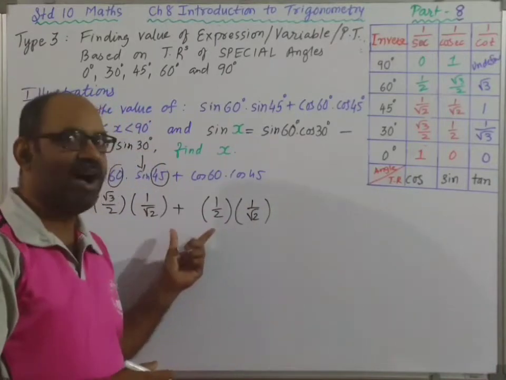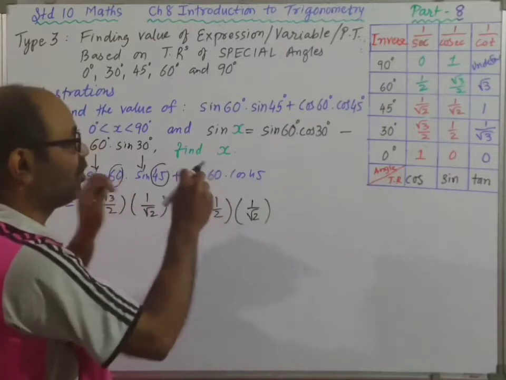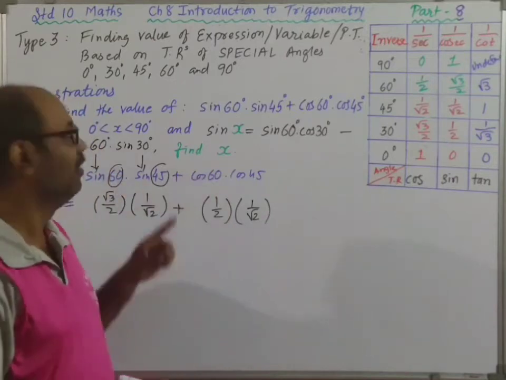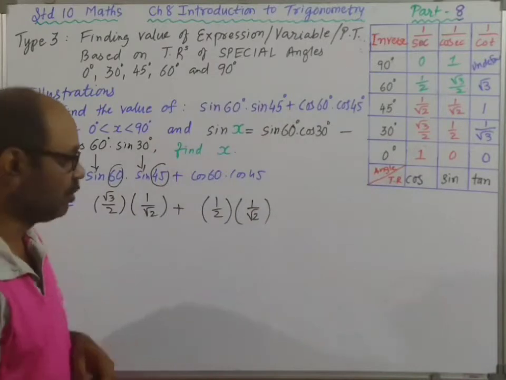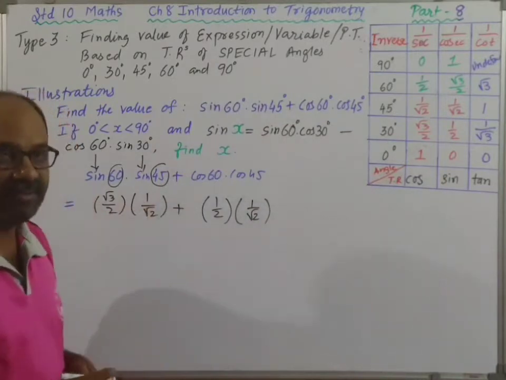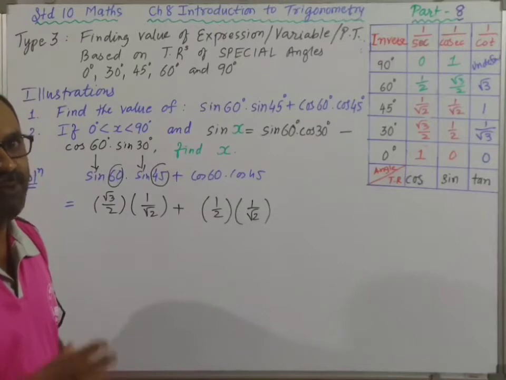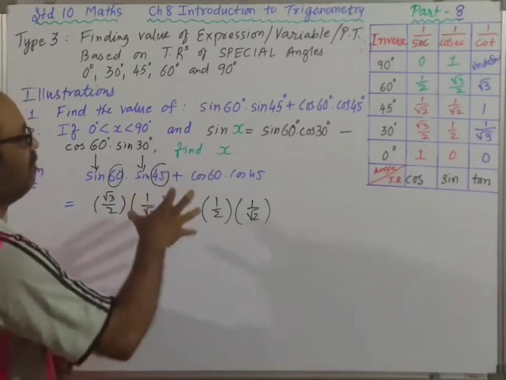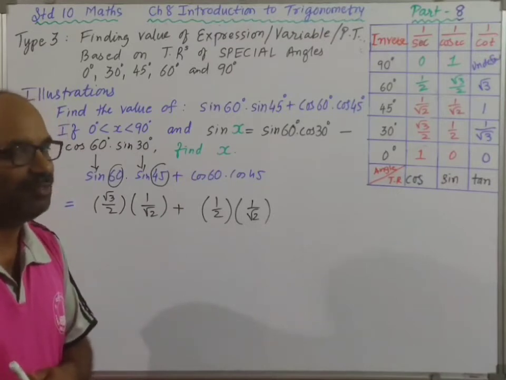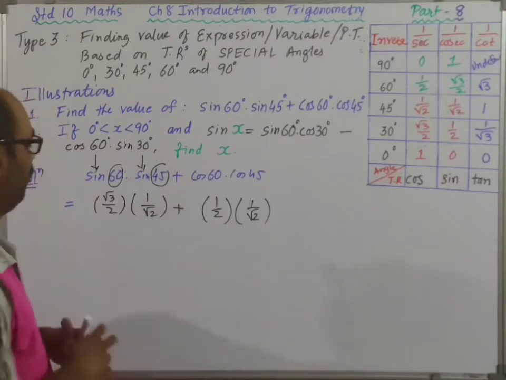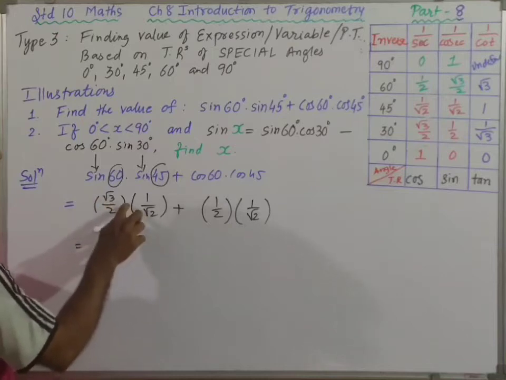You get half mark or 1 mark for substituting the correct values of trigonometric ratios of special angles. So after that, you have to be very careful if you want to score full marks. This simplification work is not easy quite often, so please do it carefully. Nothing, this is multiplication.